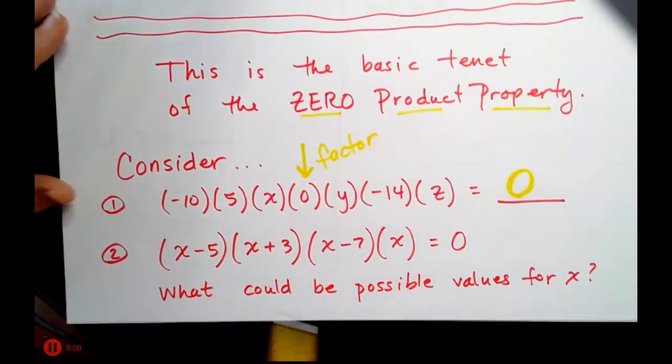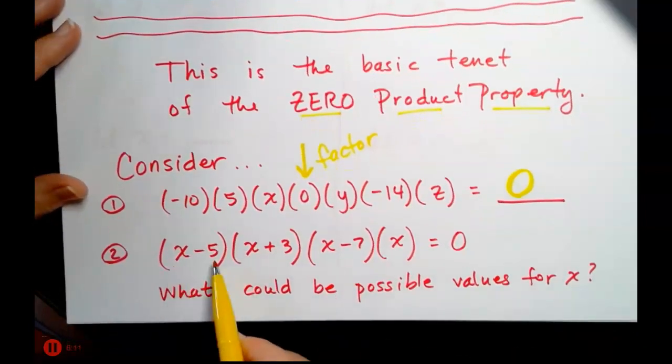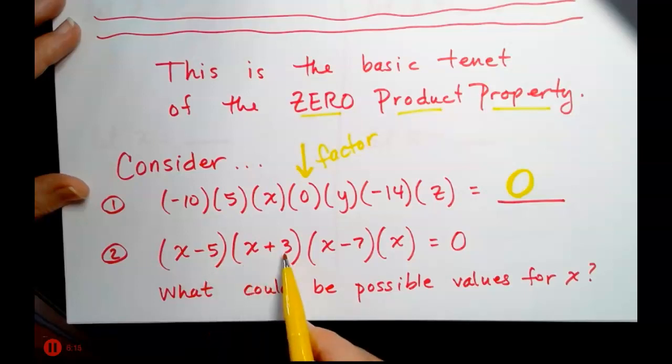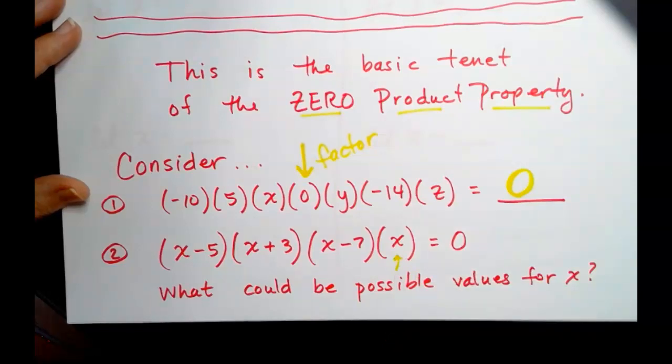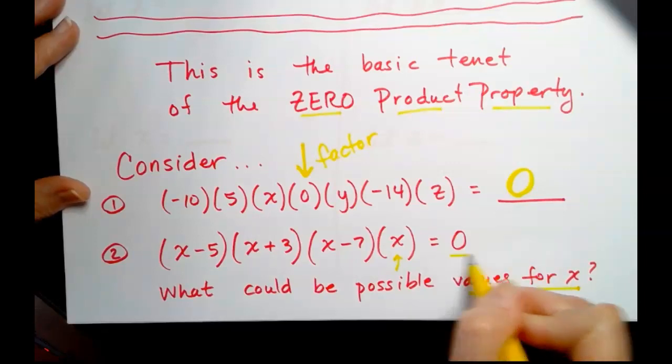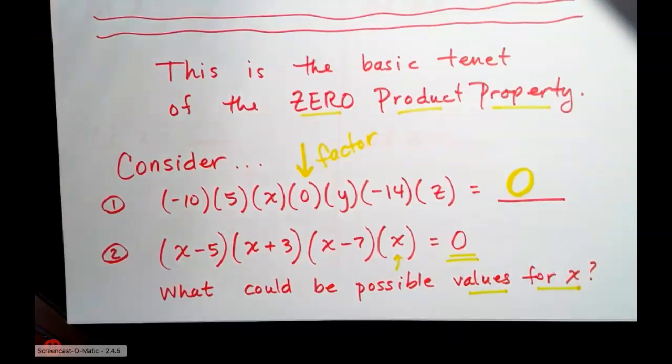So, if we have binomial factors, x minus 5, x plus 3, x minus 7, and this is a monomial factor of x, what could possibly be values for x that will make this equation a true statement?